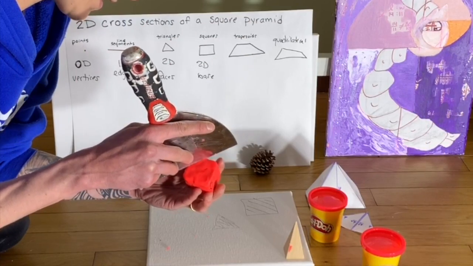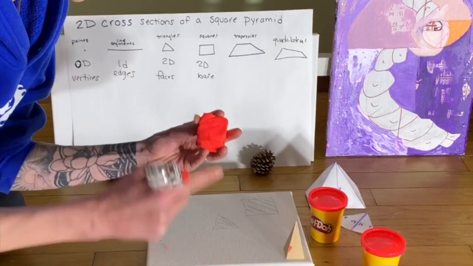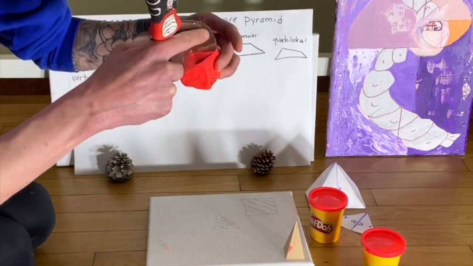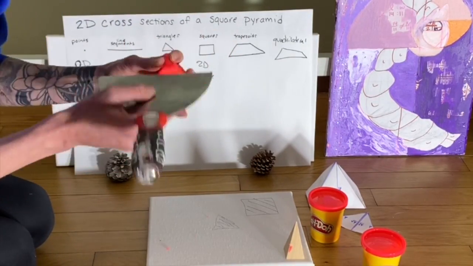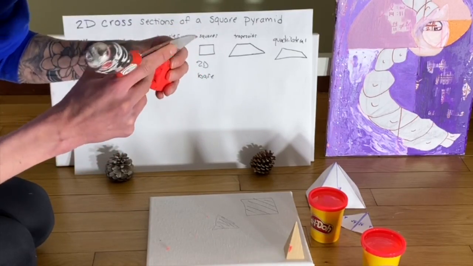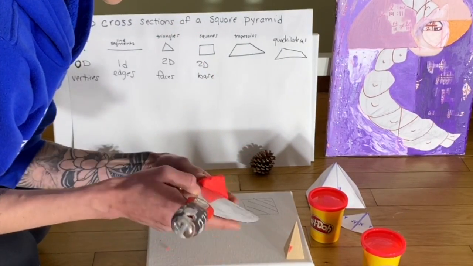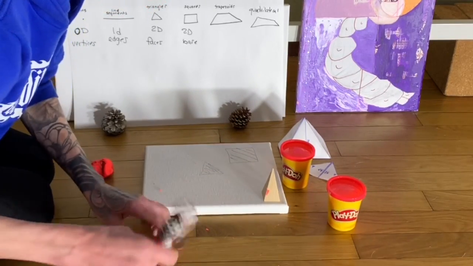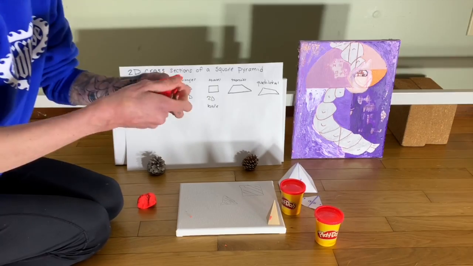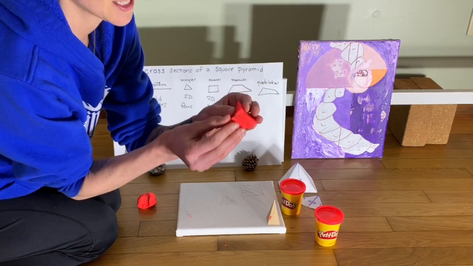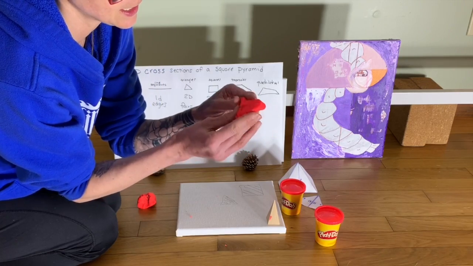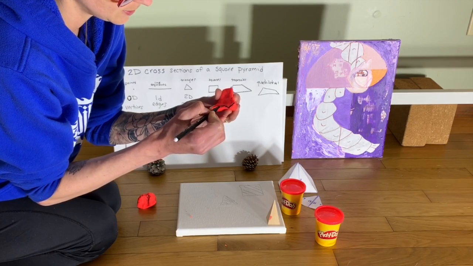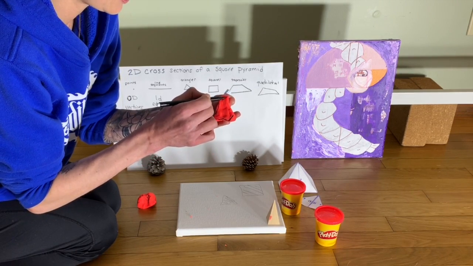So if I get this one, I can score the Play-Doh. So that was the vertex of the square, and then the way we sliced it, we have a really cool funky pentagon here, a side here, 1, 2, 3, 4, 5.